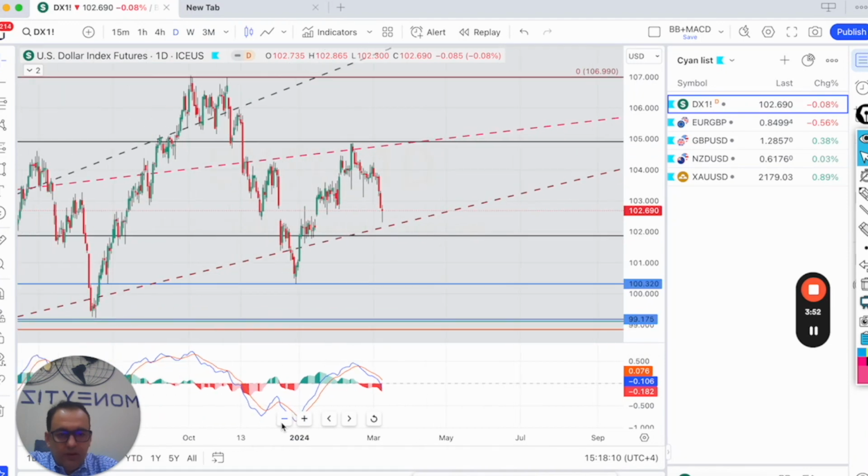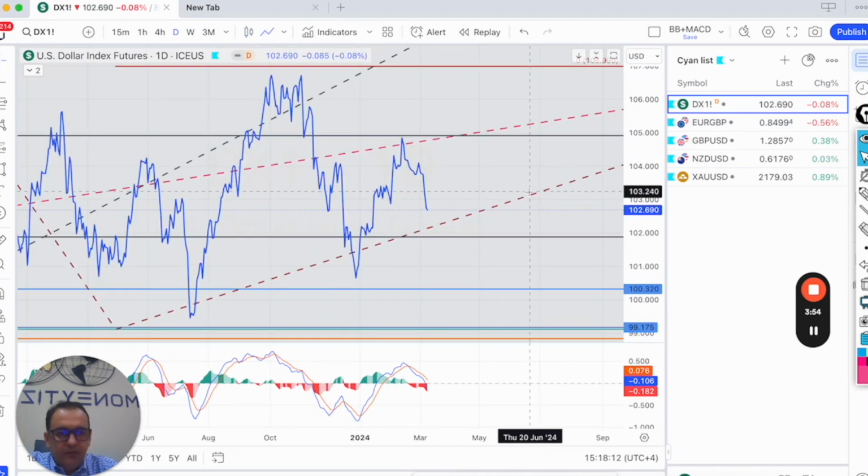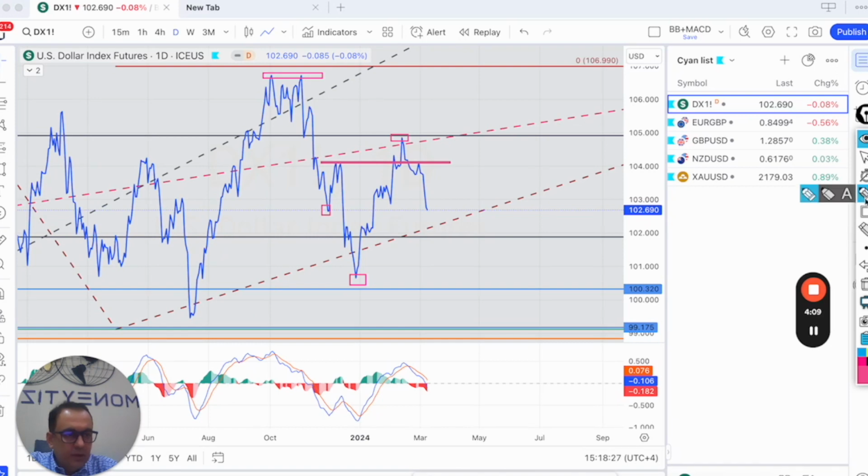Now based on the daily chart, it is still forming a bearish pattern. We have a sequence of double top followed by lower highs and lower lows and lower highs. It created a false breakout here. Now it seems that it is continuing downward.